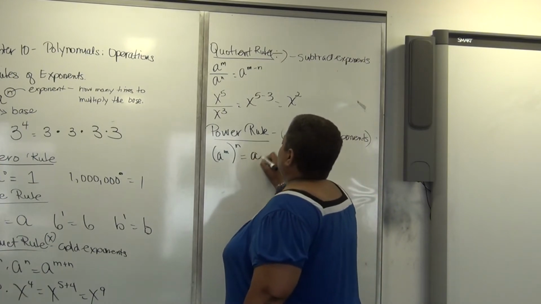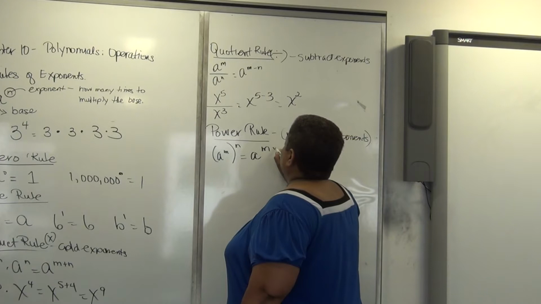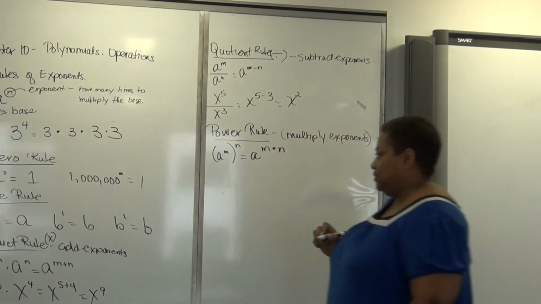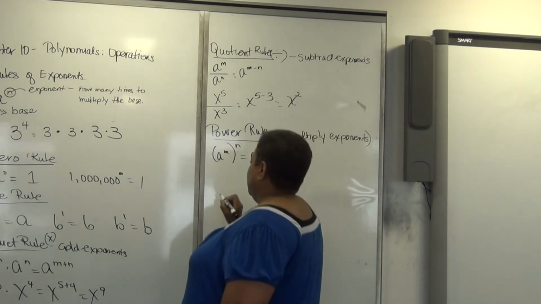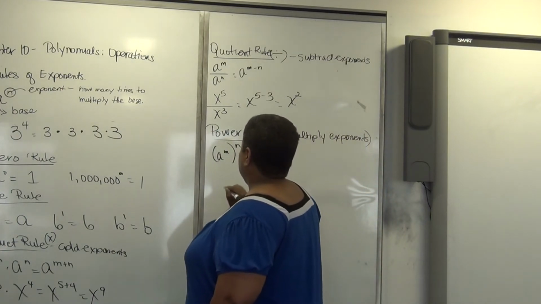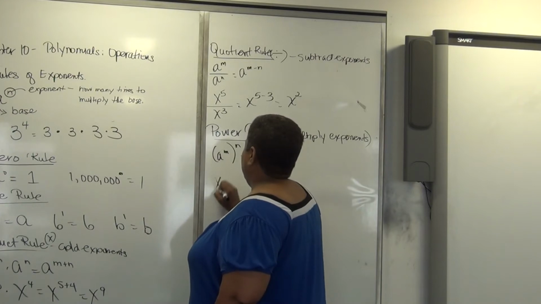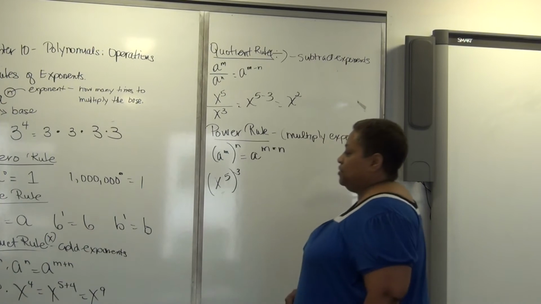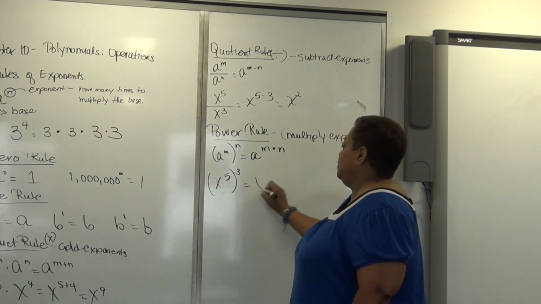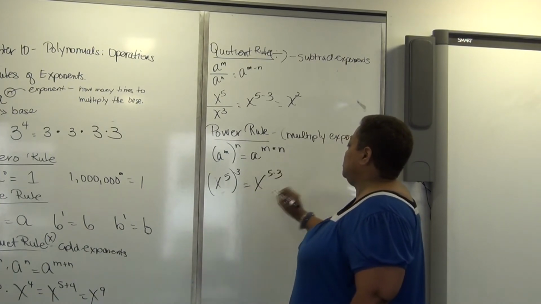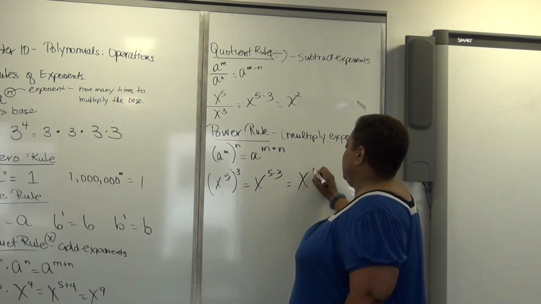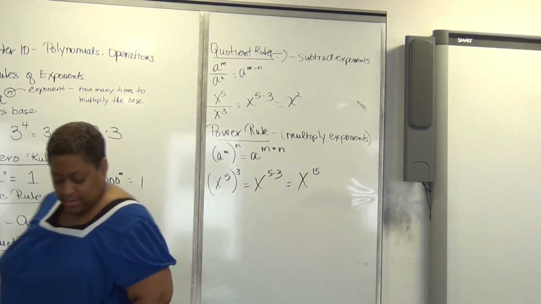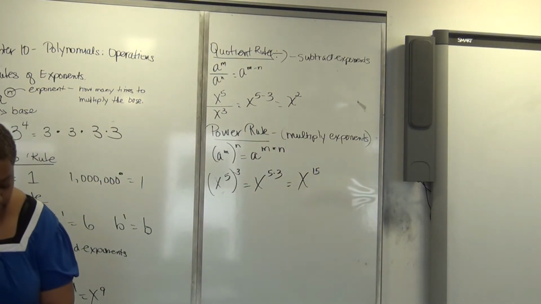So this would be a to the m, to the n, we multiply exponents. So if I have x to the fifth raised to the third power, that's x to the fifth times 3, x to the 15. Okay? All right, any questions?